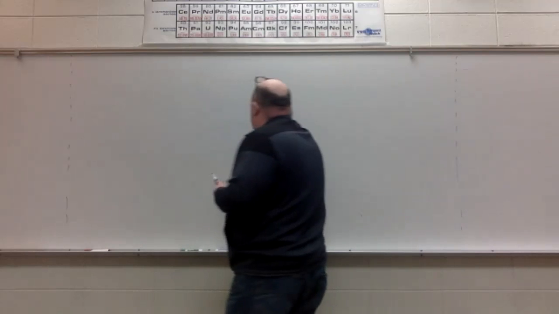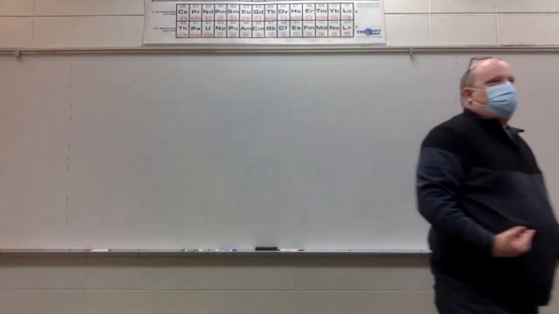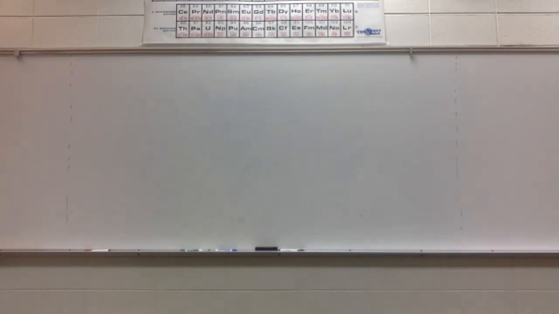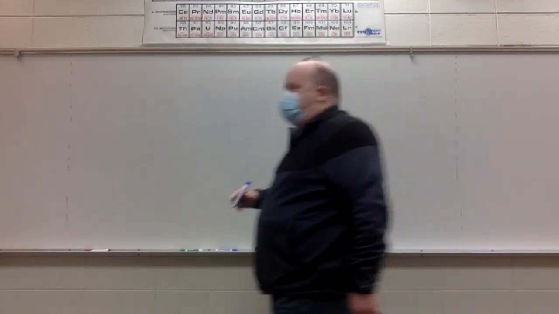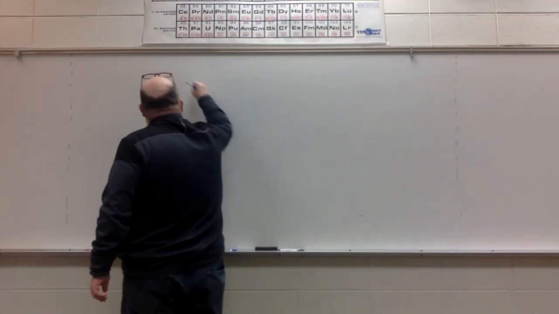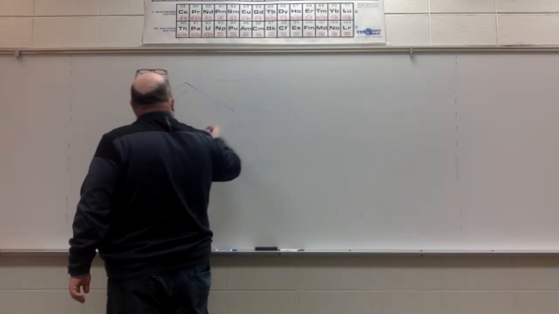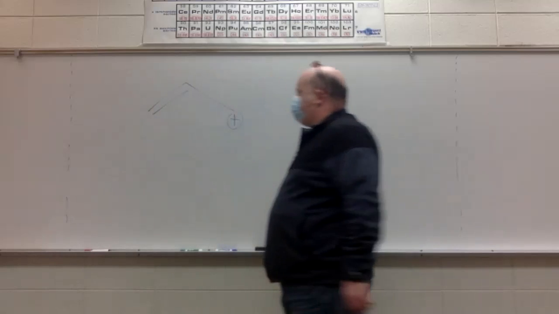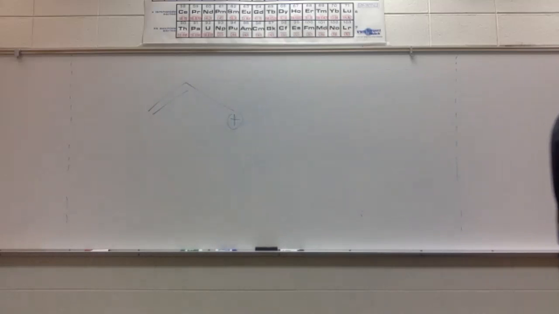All right. So conjugated dienes are not the only types of conjugated species we're going to run into. Here's another very important one. That's a carbocation, right? It's got a positive charge on a carbon.